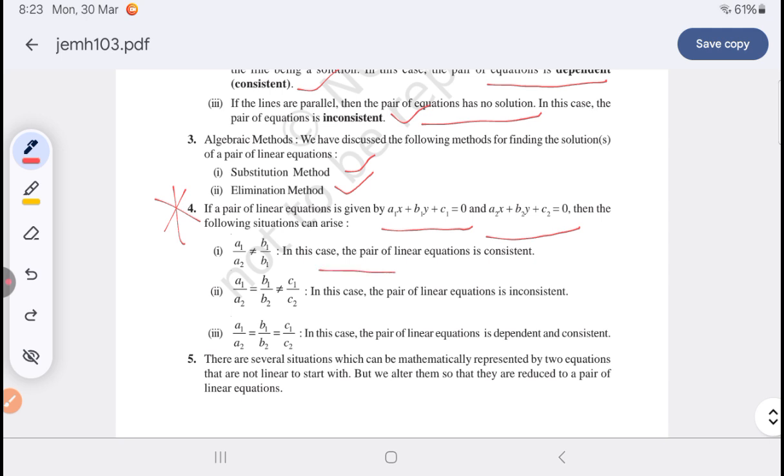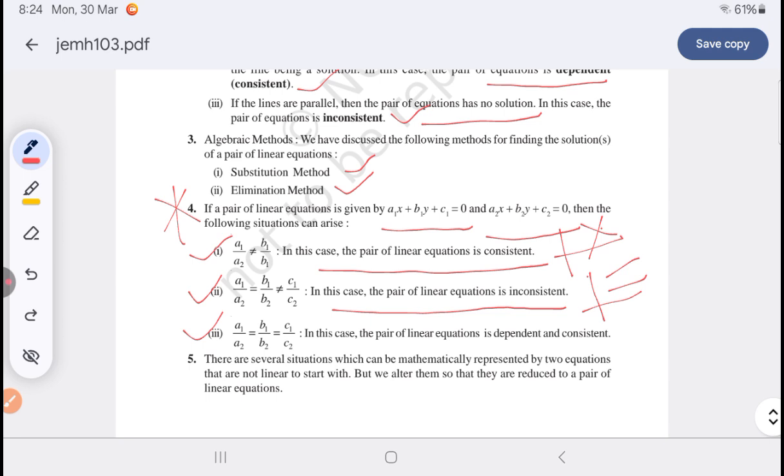In this case the linear equations are consistent because the lines will intersect at one point. The second condition is a1 by a2 equal to b1 by b2 not equal to c1 by c2. So these lines are inconsistent. These are parallel lines, so they don't have any solution.